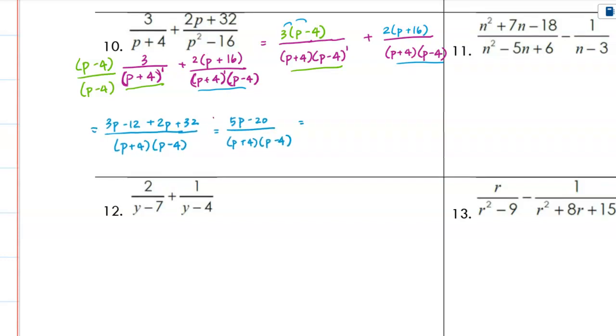And then I can factor out a 5 in that numerator. So I get p minus 4, p plus 4, p minus 4. And here I can simplify that p minus 4 and p minus 4. So I get 5 over p plus 4.